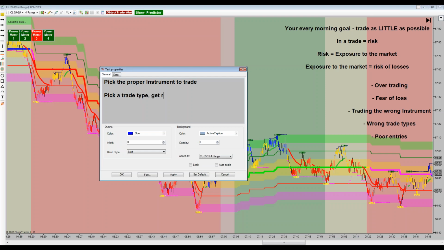Get really good at it. And only, in caps, in the beginning, I'm saying in the beginning, look for that trade. Only look for that trade.